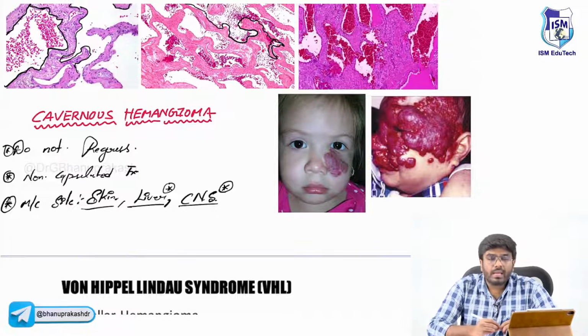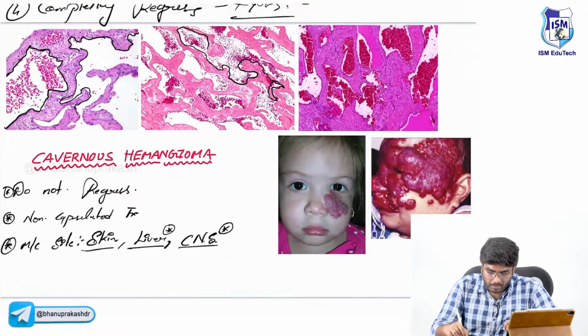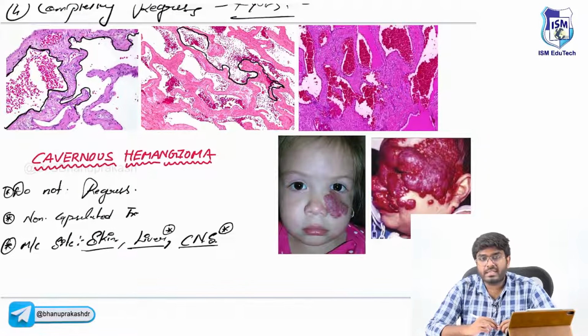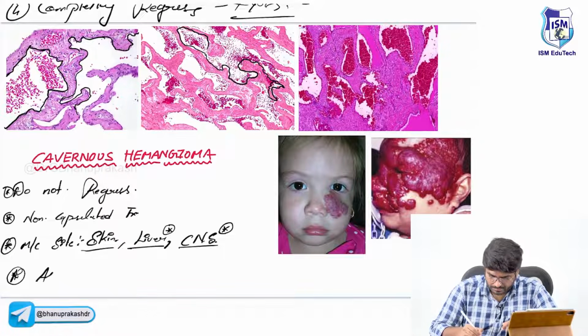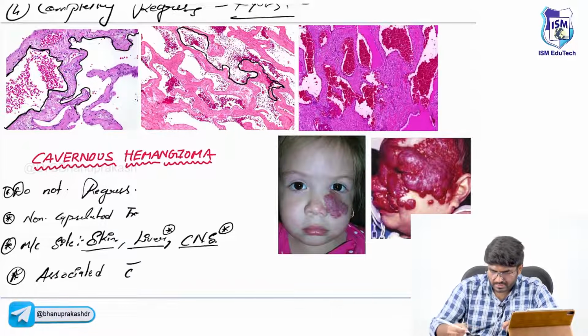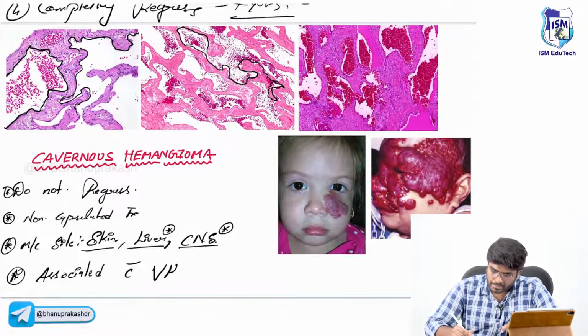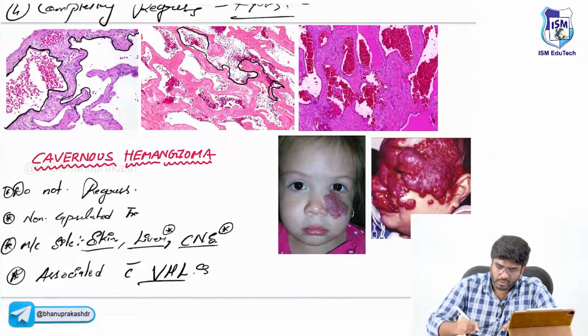These are the MCQs. Now, one important point about cavernous hemangiomas: can you tell me? Of course, you know they do not regress. They are associated with which condition? They are associated with von Hippel-Lindau syndrome.